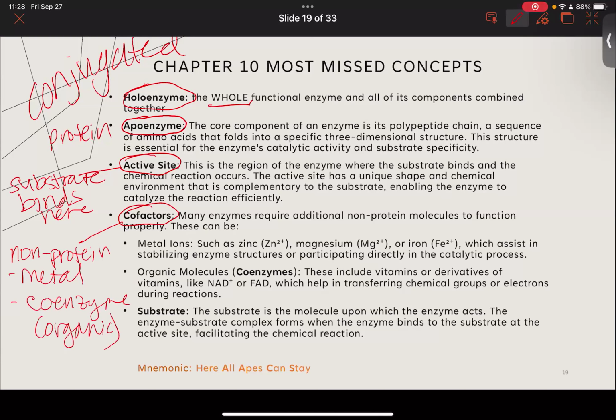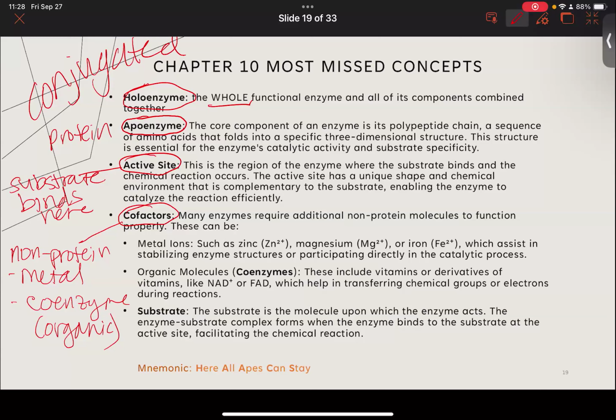So vitamins are not proteins, but they are organic, so carbon, hydrogen based. This would include vitamins, NAD, FAD. These are going to help us transfer electrons, but they are coenzymes. They're carrying those electrons to interact with the apoenzyme portion of our oxidoreductase stuff that's going on later.